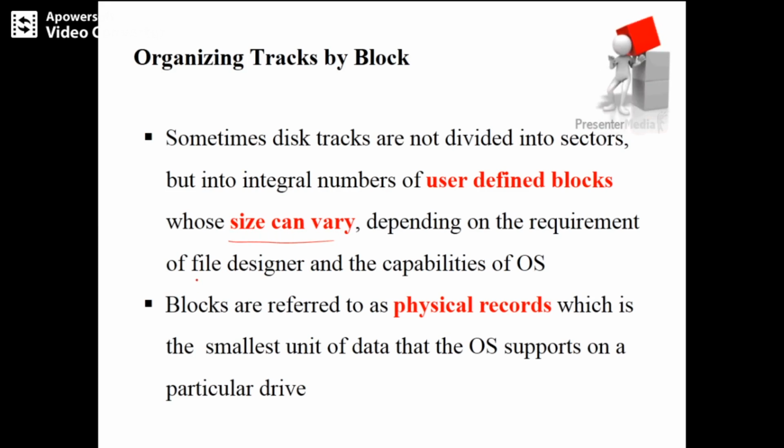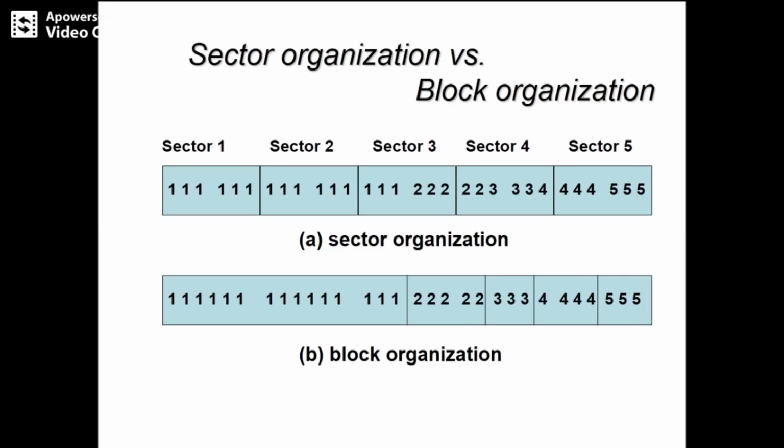Depending on the requirement of the file designer and the capabilities of the OS, you can vary the size of the block. Blocks are referred to as physical records, which is the smallest unit of data that the OS supports on a particular drive. Okay, so let us see the organization of block, how exactly it is different from sector organization.